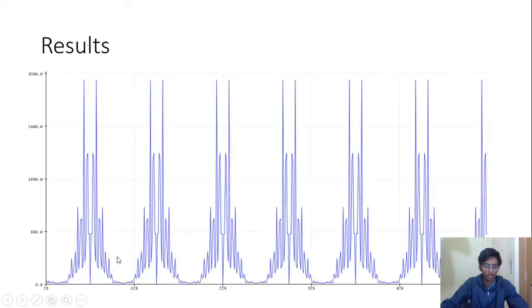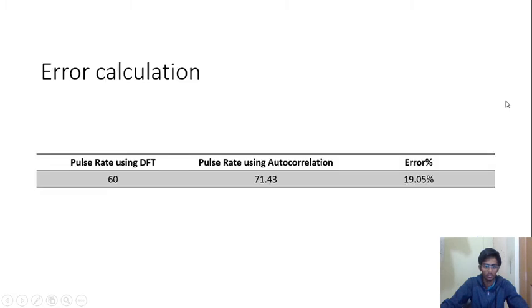So this is the plot we obtain after applying the DFT matrix to the PPG signal, where this part from here to here is one plot. You can see it has two different peaks, so we will be taking the first peak for our calculations.